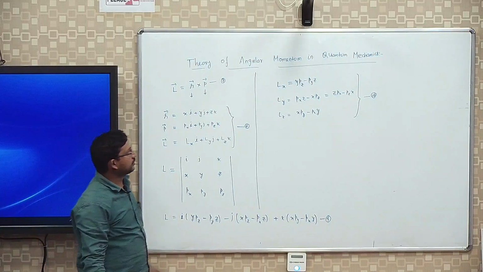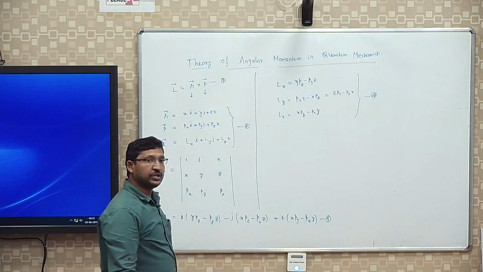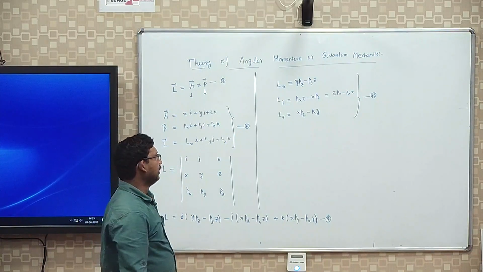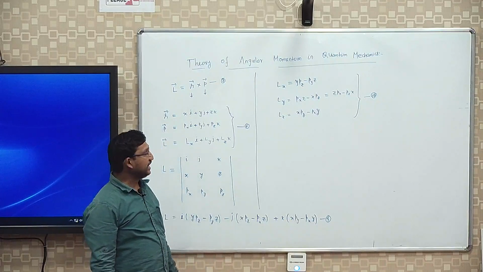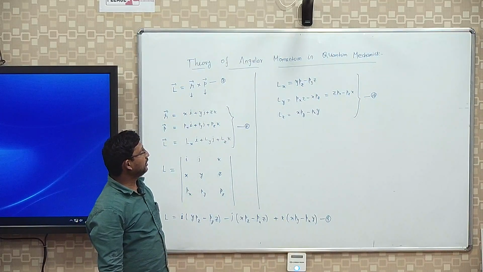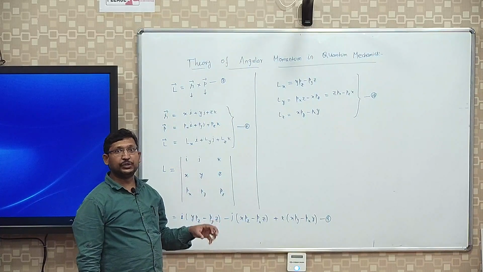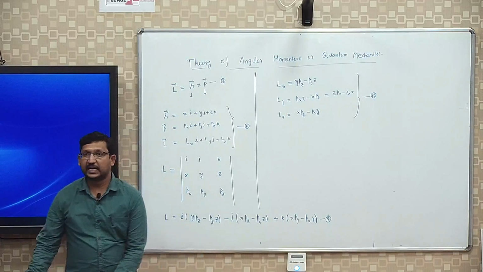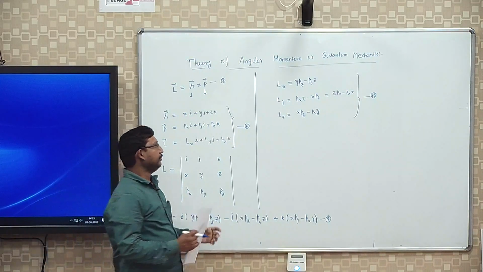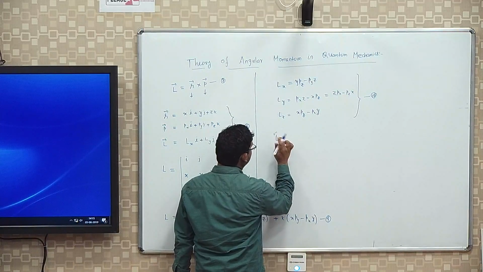In quantum mechanics, every observable is associated with an operator. That operator we call a Hermitian operator, and in particular the orbital angular momentum in quantum mechanics is also an observable, and that is also associated with the angular momentum operator, which is called L vector cap.